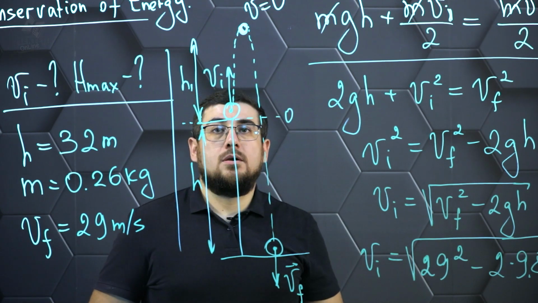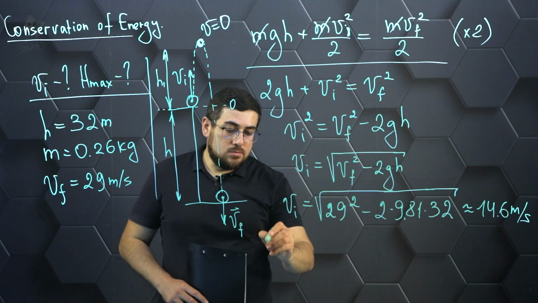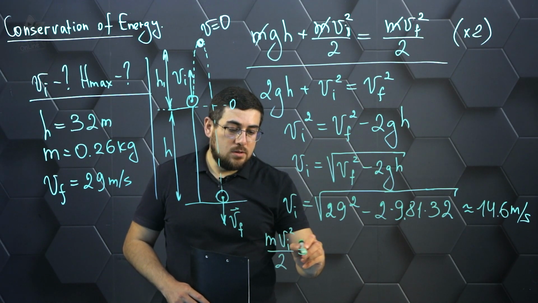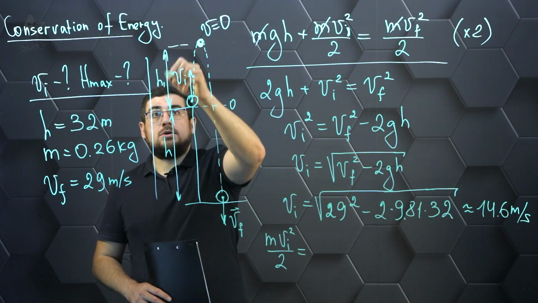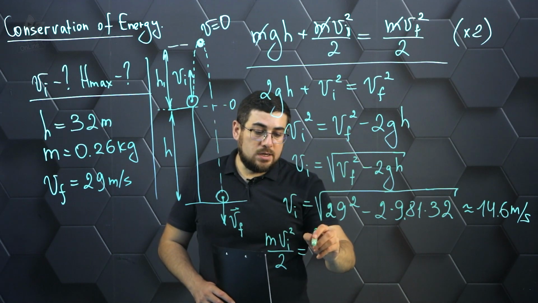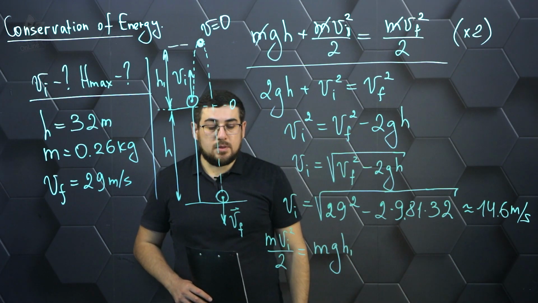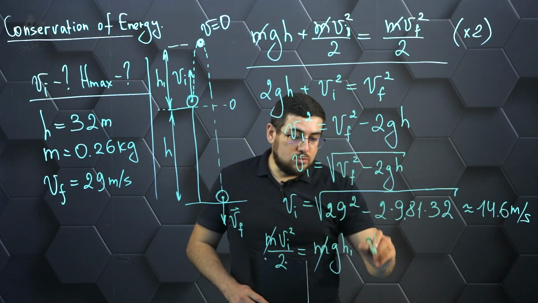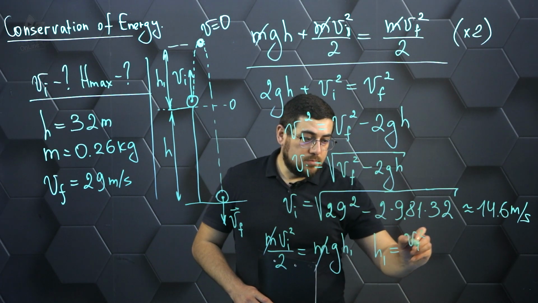The starting energy of the body was equal to the kinetic energy, mv squared over 2. Then the body rose to a height of h1, and the kinetic energy went to 0. But now the potential energy is not 0. It's mgh1. This is the transition that allows us to immediately find the height of the lift relative to the point of throwing.